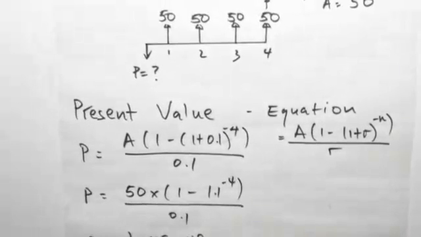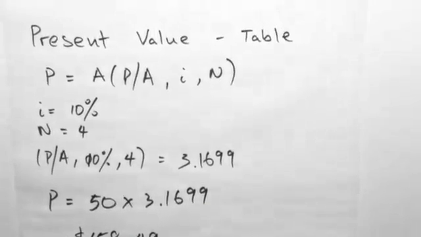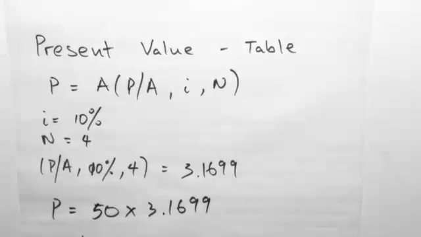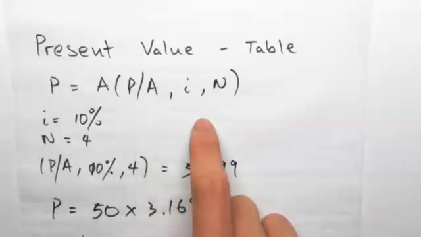Okay, let's do the exact same example using the table. In the back of the book, in the interest rate table, there is a column where we can find the factor when we're dealing with an annuity. It's the column that says finding P given A, given i and n.